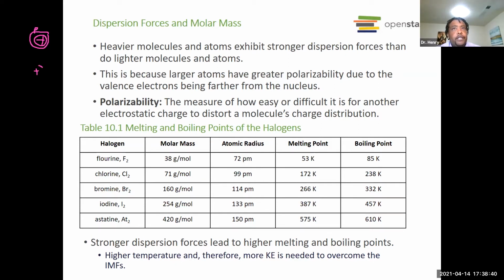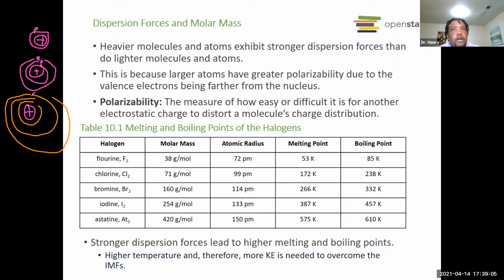Well, with chlorine, you have a whole other layer of electrons to play around with. And then bromine, here's your nucleus, and I should just draw these in a circle. So you have a further distance for these electrons.